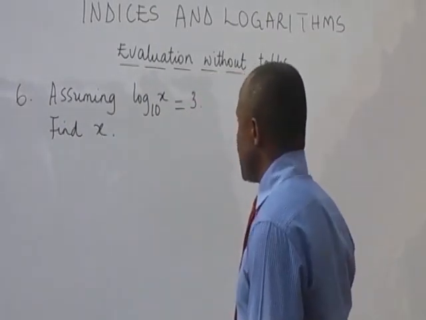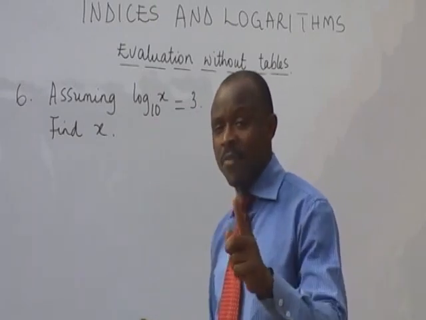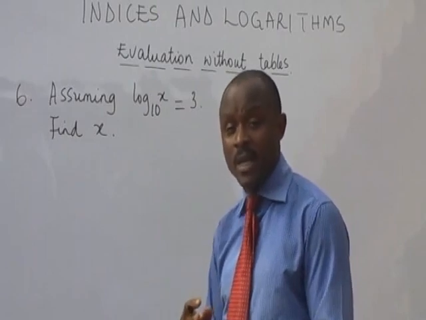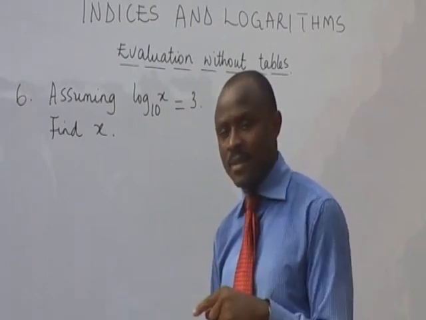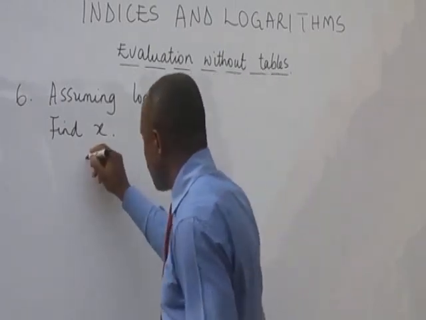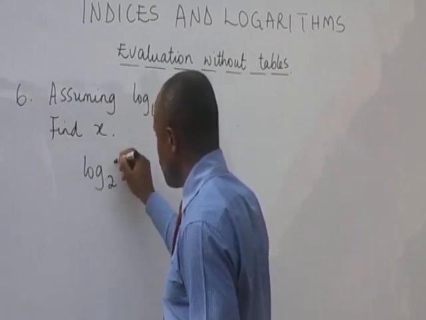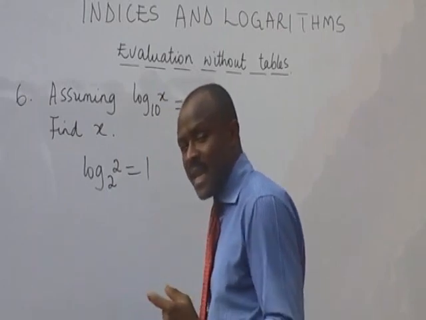I want to tell you that if you can recall what I gave you as an assumed fourth law of logarithms. I told you that the log of a number to its base is 1. For instance, the log of 2 to base 2 is 1. The log of 3 to base 3 is 1.